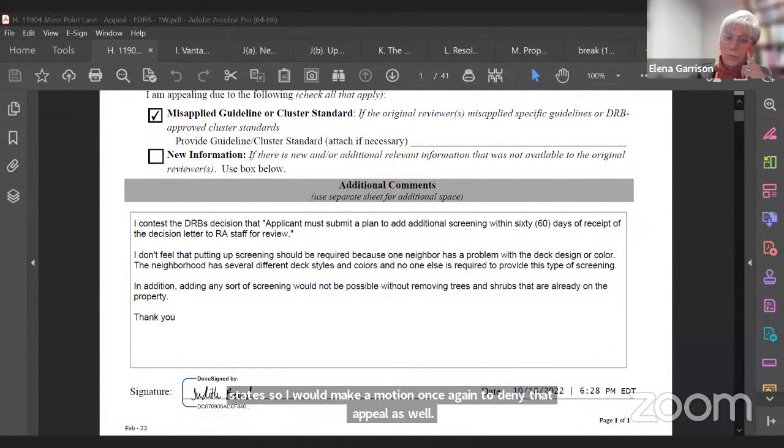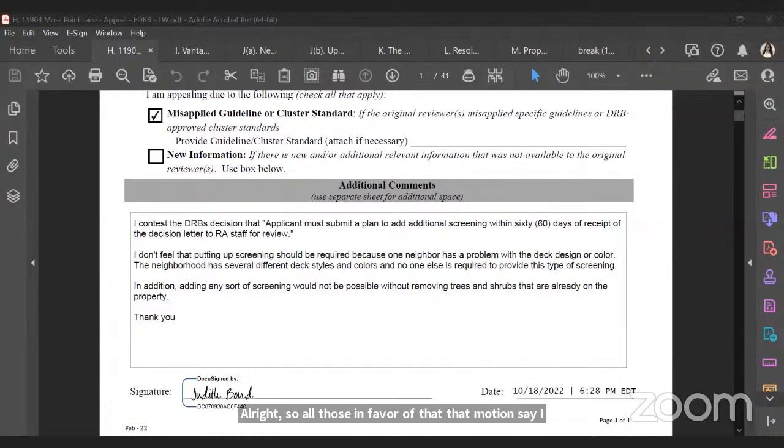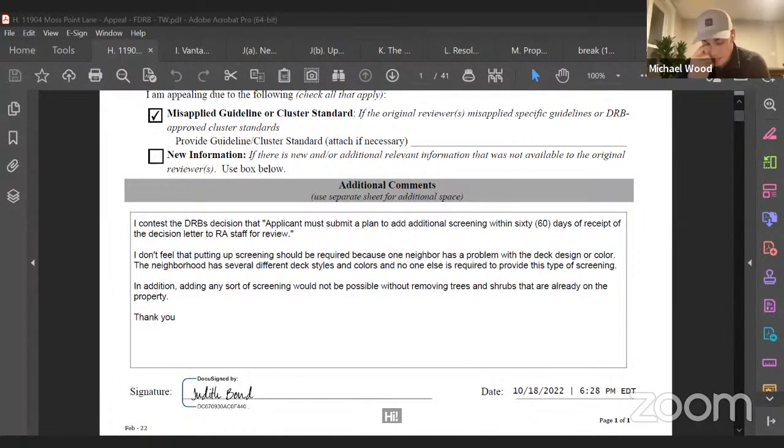Second. There's a motion and a second. Is there any further discussion on that appeal? All right, so all those in favor of that motion say aye. Aye. Aye. Any against? Any abstentions would be Sarah and Jim. All right, motion passes 5-0-2.